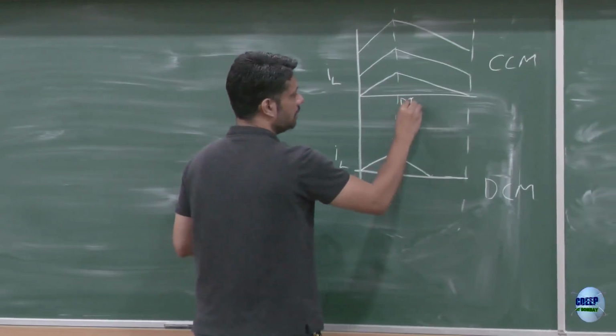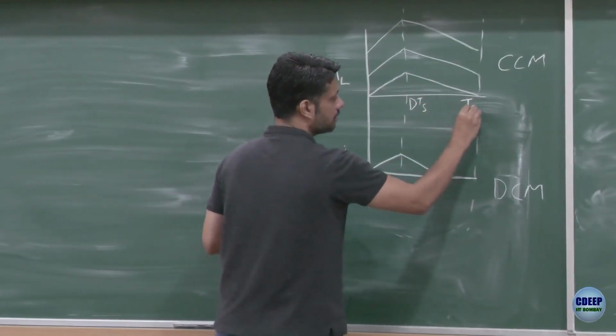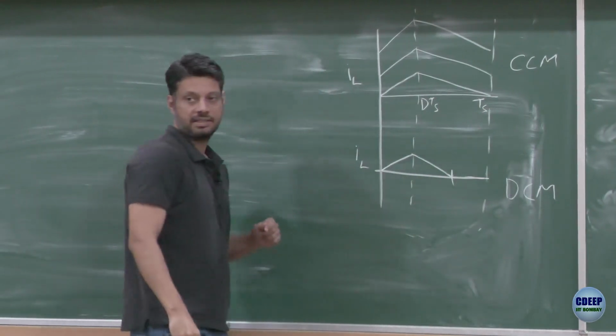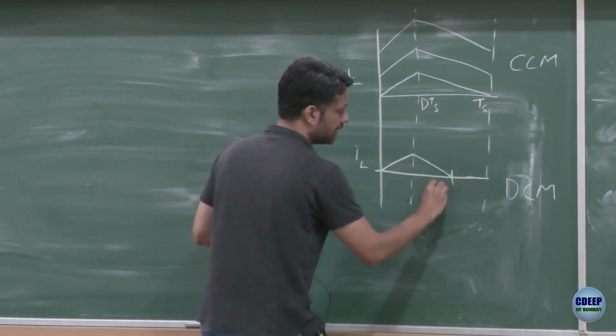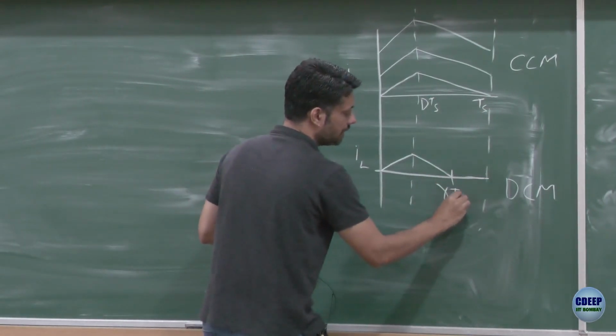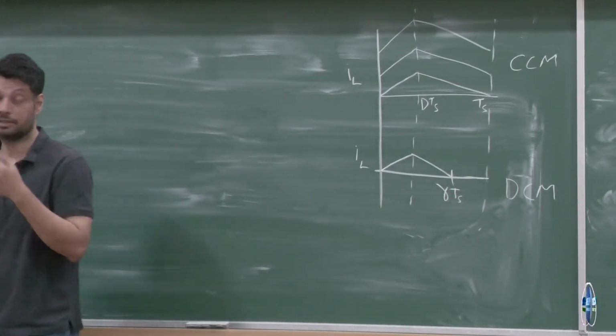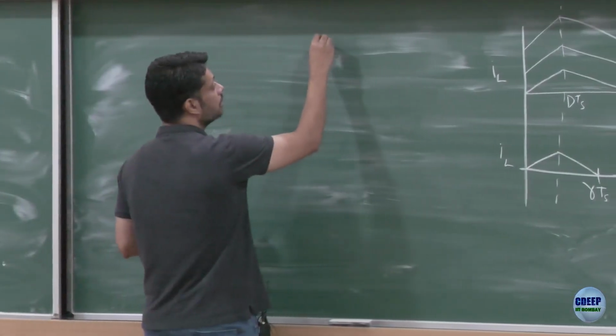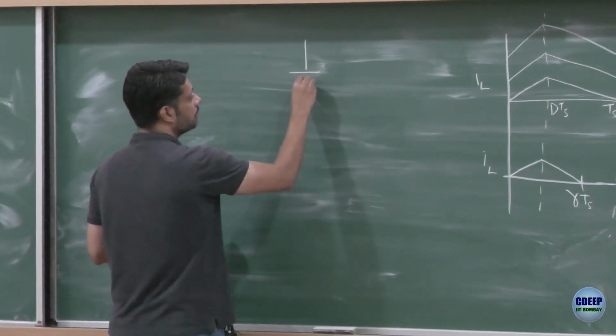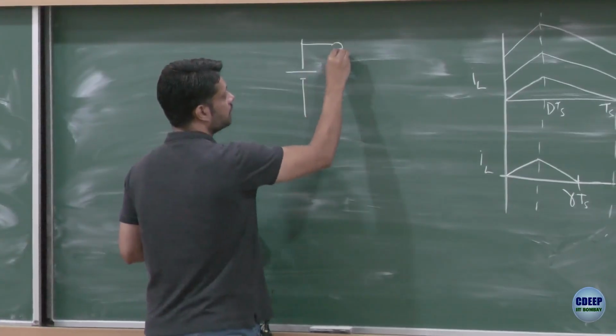So this is dTs, this is Ts. This point is a new point now. Let's just write it as gamma times Ts, where gamma is less than 1. Let me also draw a buck converter.